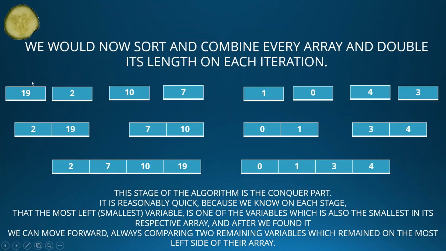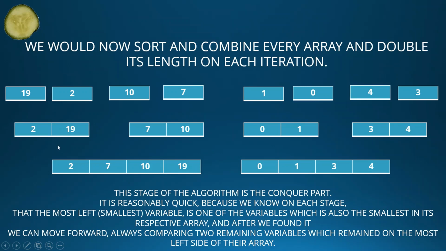So we have here, for example, the arrays 19 and 2, and we would compare these two variables, and we get an array of size 2, in which the left variable is 2, the smaller one, and the larger variable is 19 on the right side. And we do the same to all other arrays. After we are done, we repeat the process until we reach 2 separate arrays. Anyway, this stage of the algorithm is the conquer part.